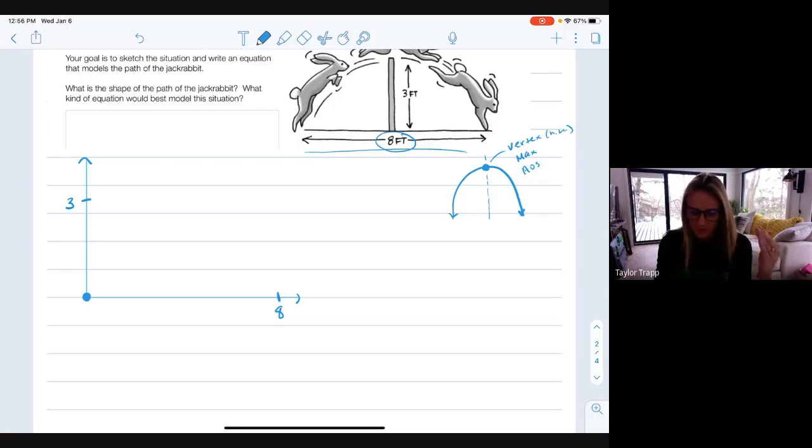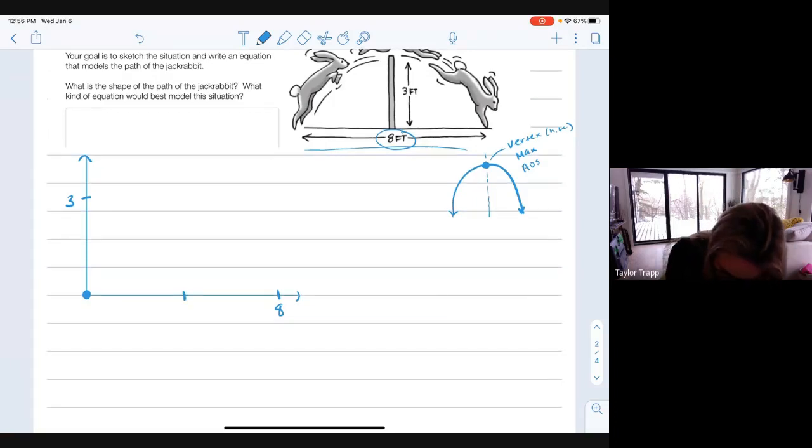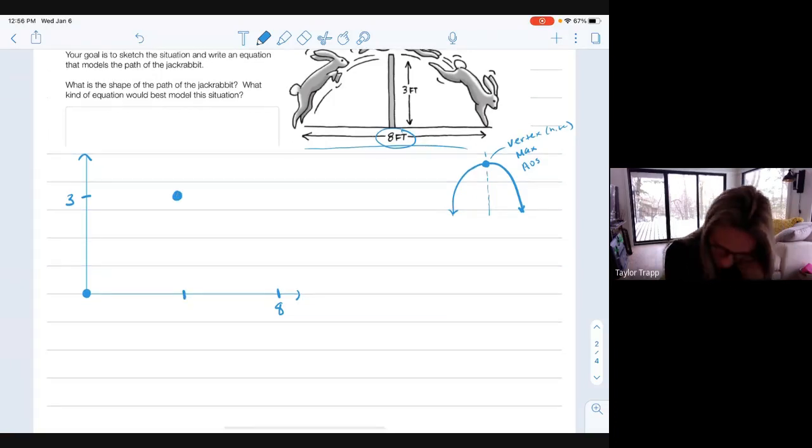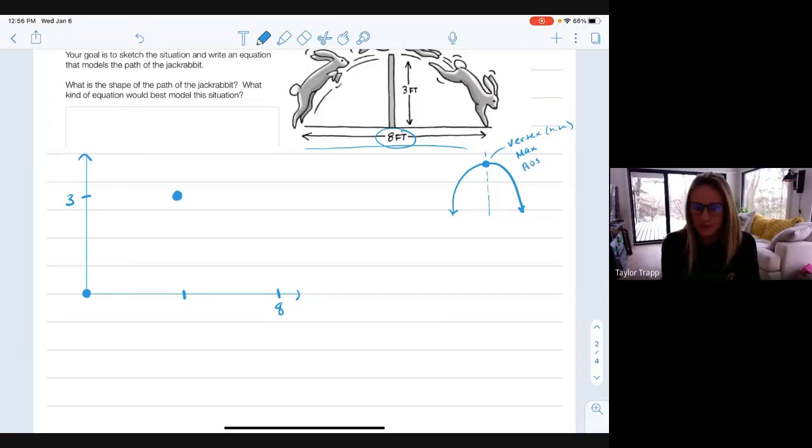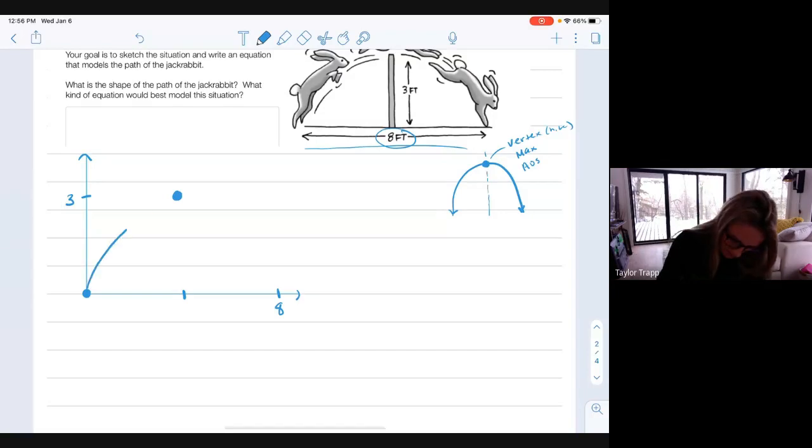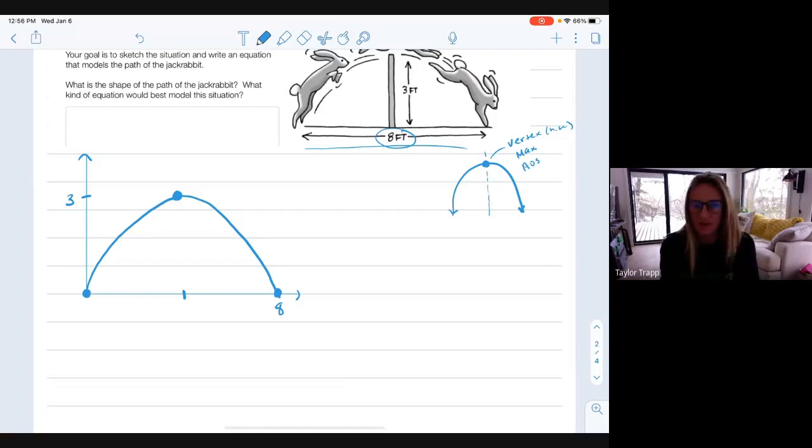Okay, so when it says that the max height that the rabbit has to jump is 3 feet, that means right in the middle is that highest point that the rabbit will be. So that tells me right in the middle, the rabbit will be at 4 feet. I'm sorry, 3 feet. So when I jump, it looks like this. Sorry, I keep saying I, I mean the rabbit.